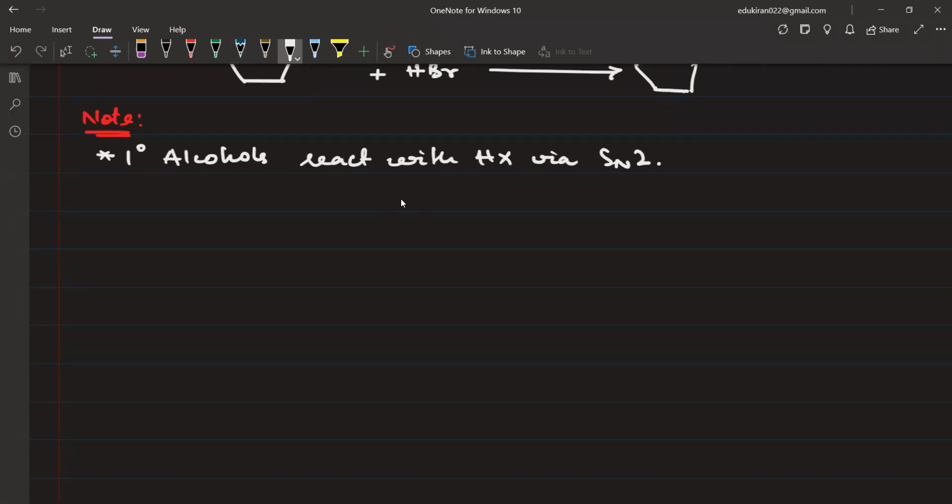So see, I'm writing a small mechanism here. First of all, we have HI. It will first of all break apart into H plus and I negative. Then in this reaction, what will come? The alcohol will come.